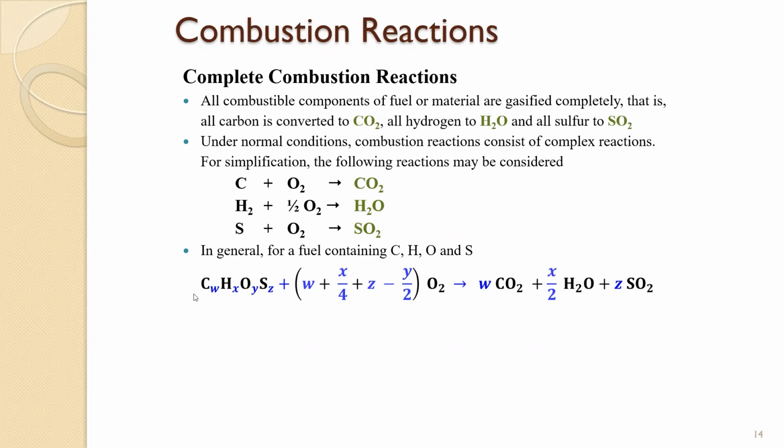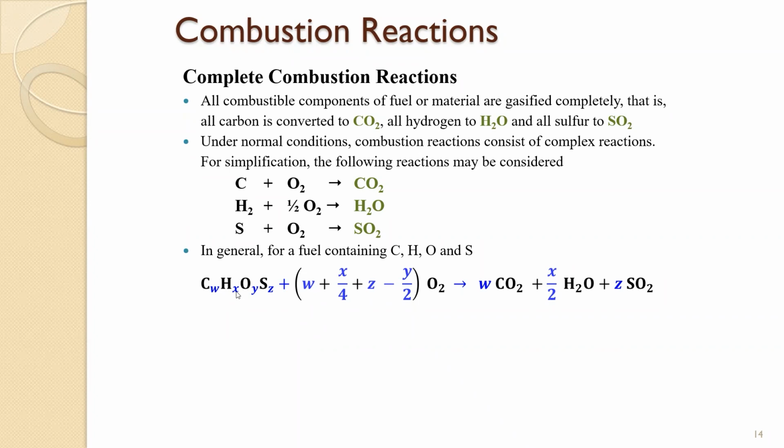So guys, look at this. If you have a fuel, W, X, Y, and Z are the subscripts, the numbers, right? The coefficient subscripts of C, of H, of O, of S. So in here, what happens is C and O are 1:1. So for W, the H to form H2O, right, this is O2?